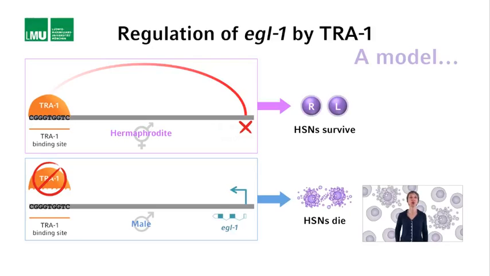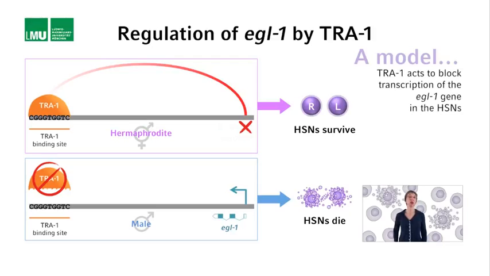In the context of EGA1 transcriptional regulation, TRA1 therefore has anti-apoptotic function. Genetically speaking, it acts to block the activity of the pro-apoptotic EGA1 gene in a specific type of cell, the HSNs, and hence has anti-apoptotic activity.